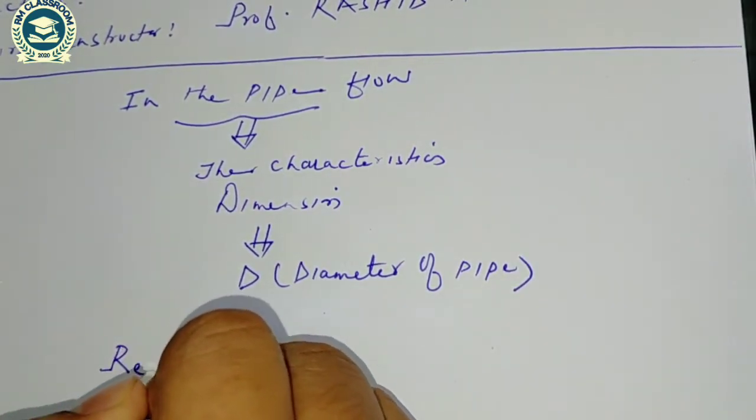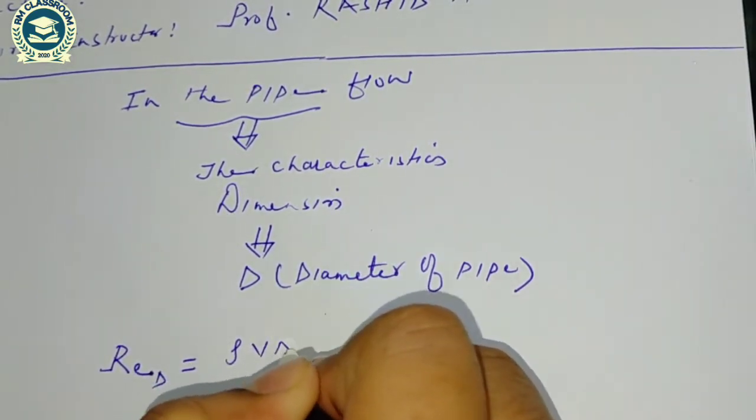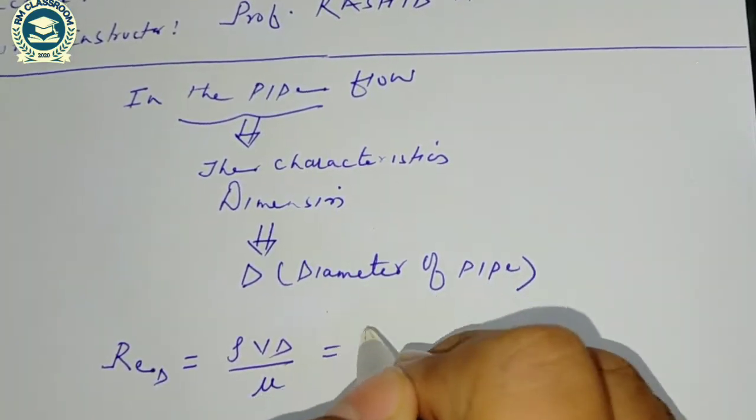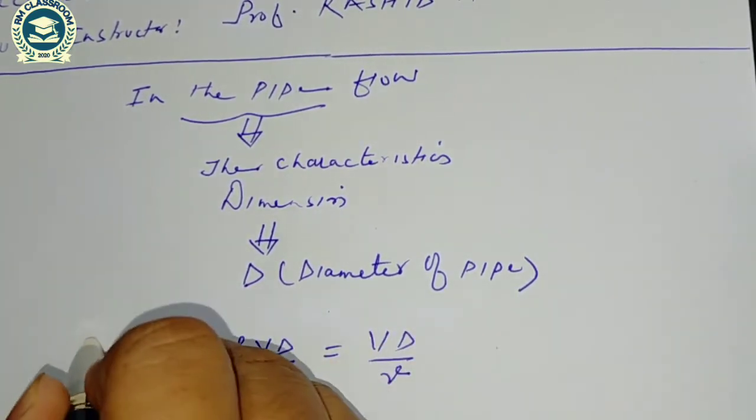And Reynolds number can be computed as rho V d by mu, or in terms of kinematic viscosity, V d by nu.